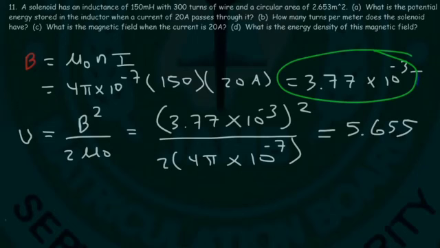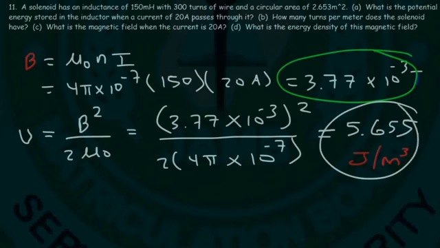That gives 5.655 joules per cubic meter. So that is the energy density of the magnetic field that is in the solenoid. So that's how you can find it.